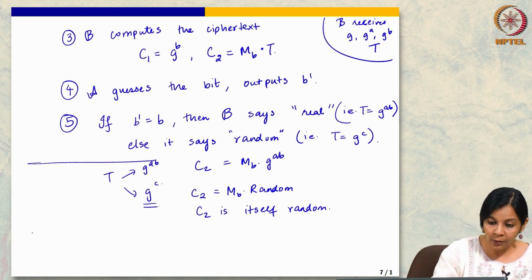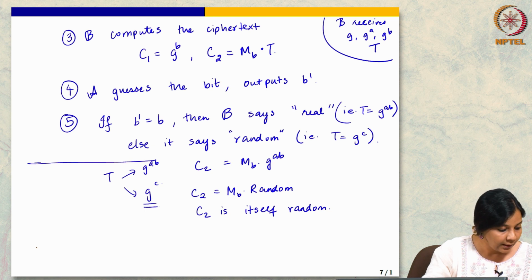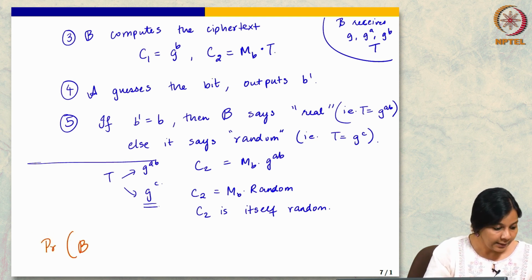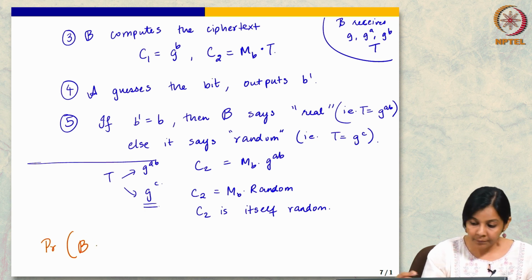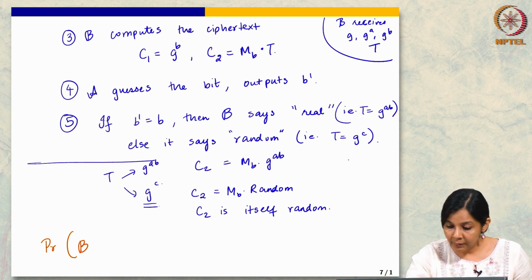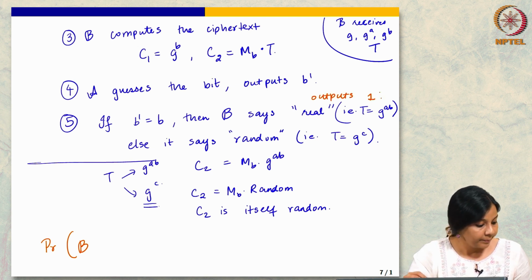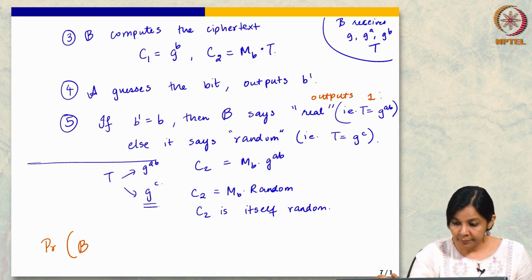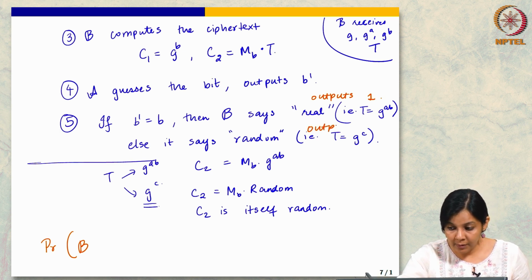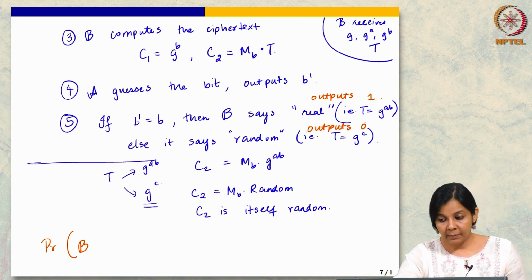So, let's figure out what is the advantage of this adversary. Okay. So, let's look at the probability that B outputs real, the probability that it outputs random.